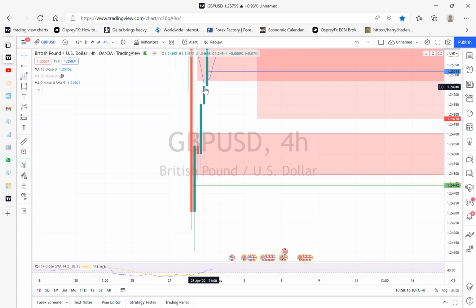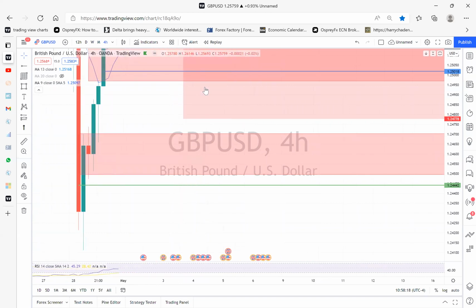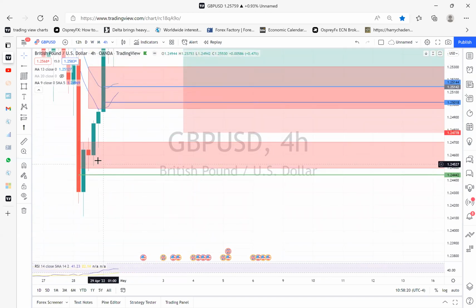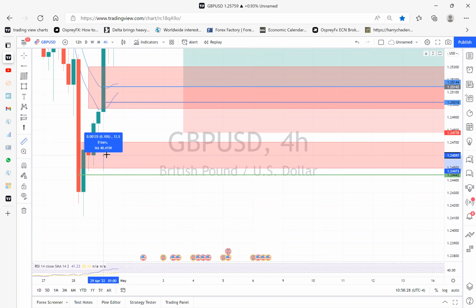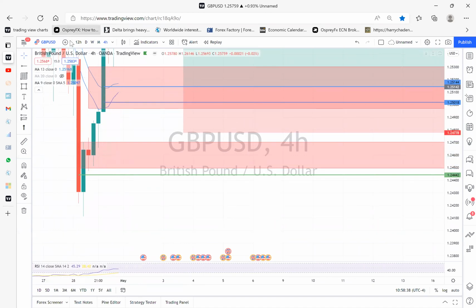Right, so here's the difference. If you take this trade off this 4 hour tap in, let's say you protected the entire candle with the wicks, you have a 23 pip stop loss, right? You see that?